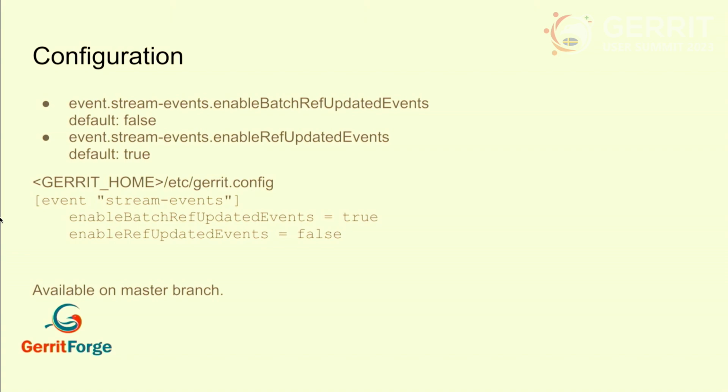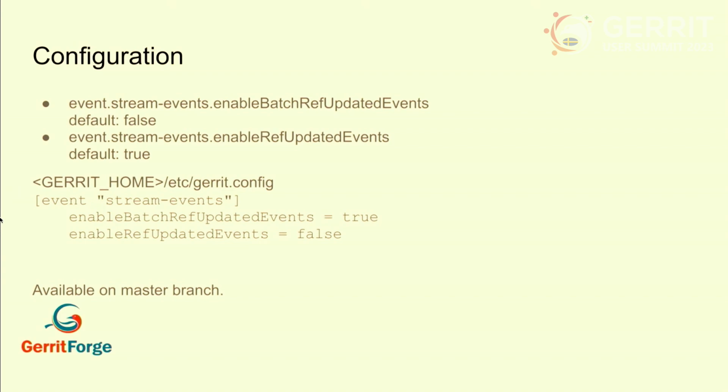So by default, batch ref updates are not streamed. We recommend that you go to your testing environment, enable them, check if your integration works as supposed to, and maybe modify the code to handle the batch ref update event, and then you can move it to production.